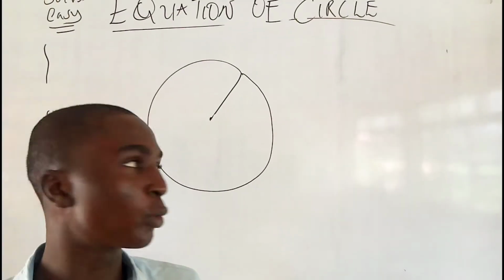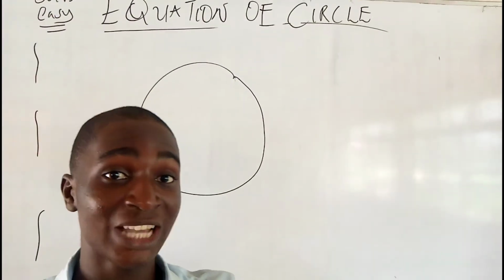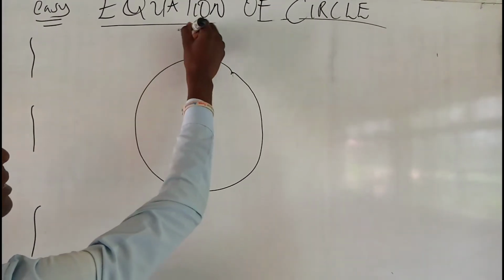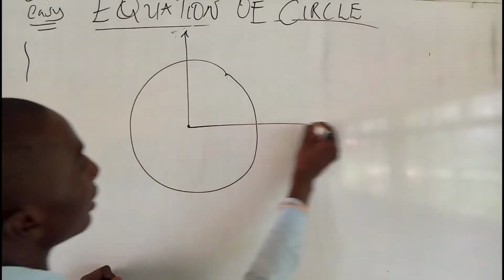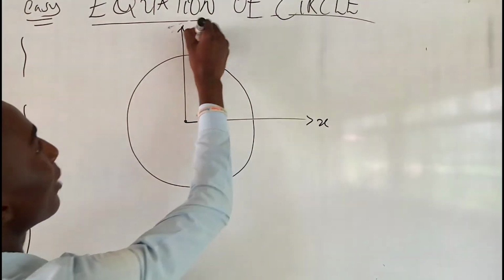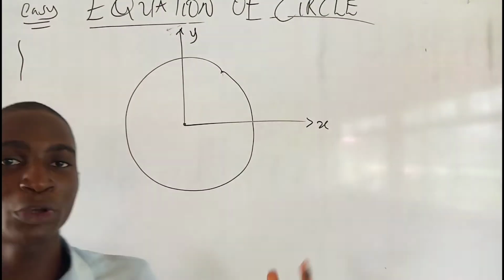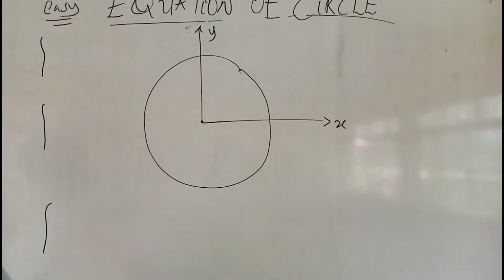Don't mind my circle. Now, to derive the equation of a circle, we need to have a Cartesian coordinate, as if we are having our y and x axis. The equation we are here to derive is the equation of a circle from its origin.